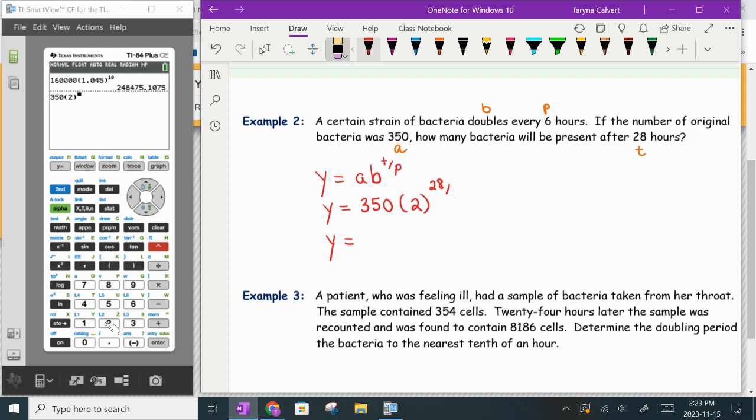That P is a 6. So 28. Please make sure, guys, this is where, again, the ones that have the 84 and above are at an advantage. Because that 28 over 6 has to go in brackets, right? So please make sure you're very confident with your calculator when you're doing all of it.